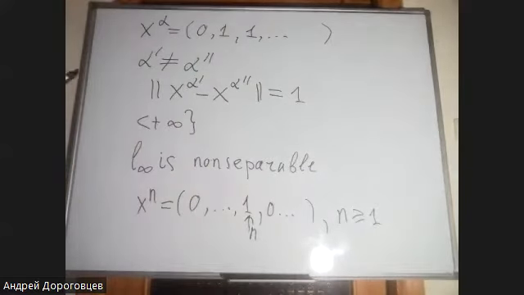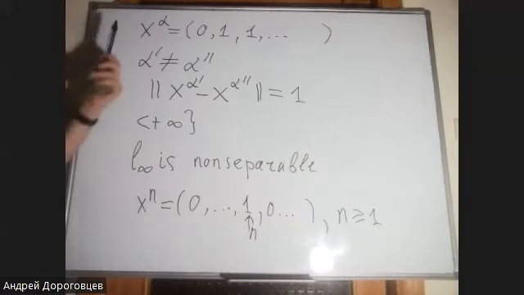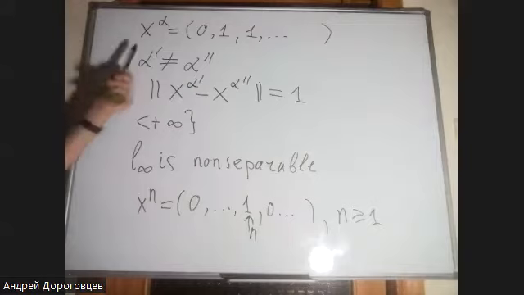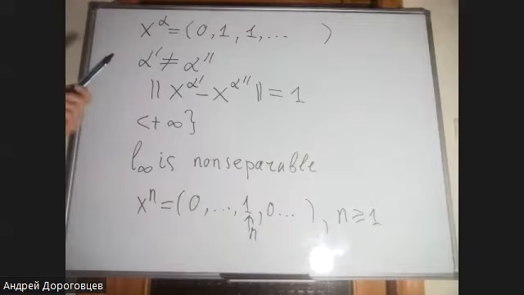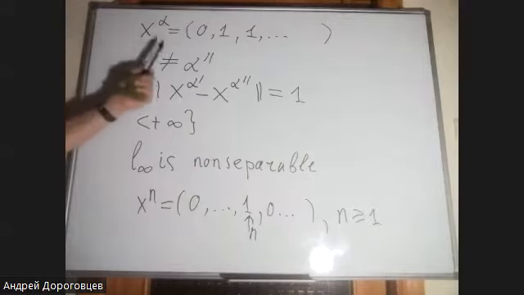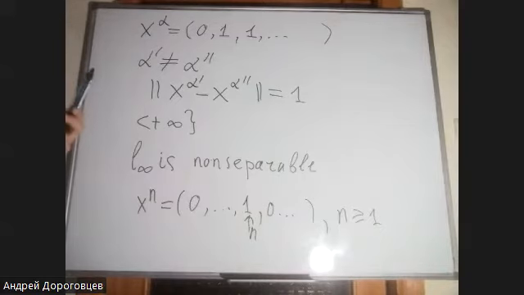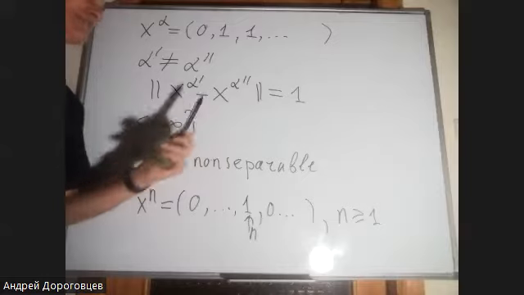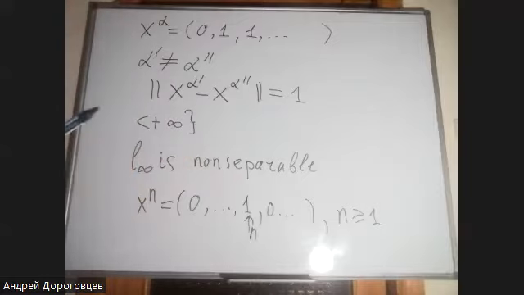So what did we find? We found an uncountable set of elements of our space such that they are at pairwise distance equal to 1. It means that this space cannot be separable.